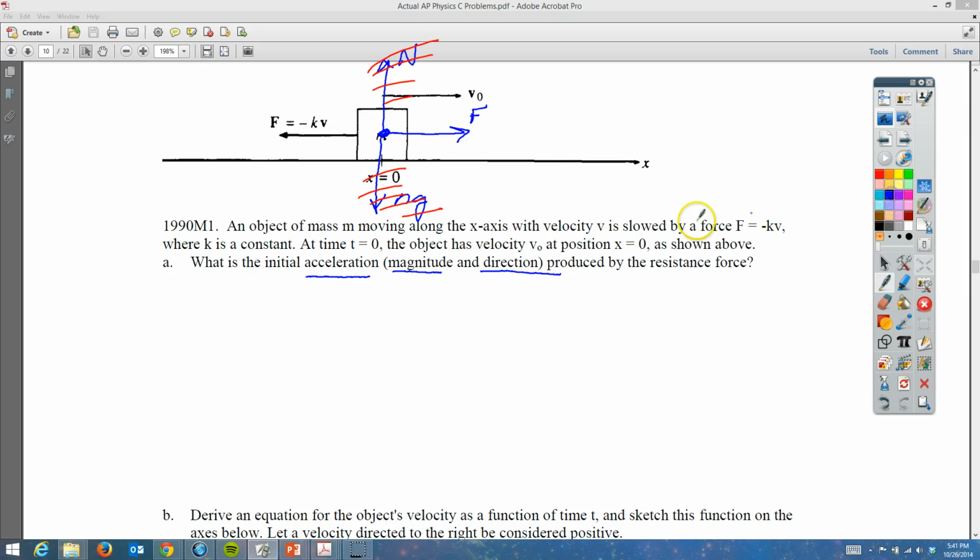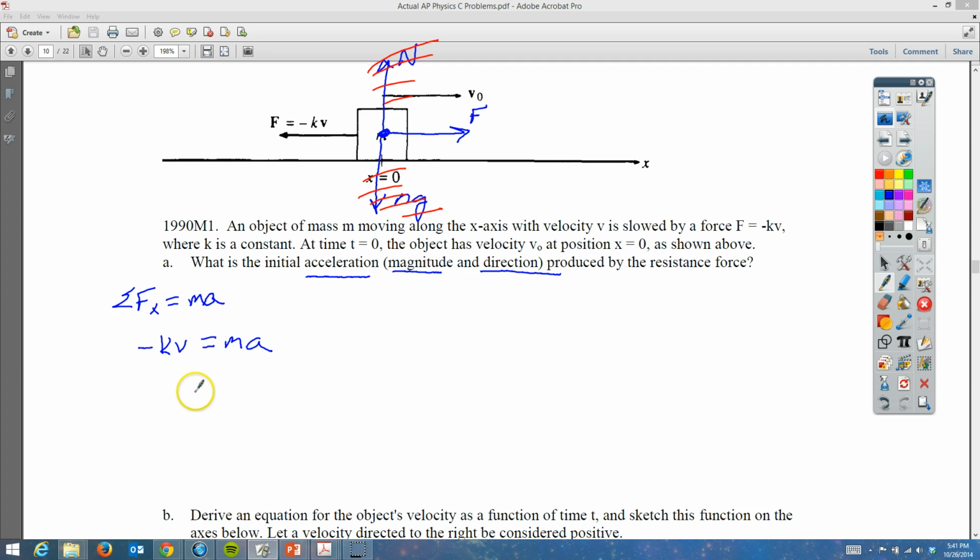To find this initial acceleration, we're going to do the sum of the forces in the x direction, which should be equal to the mass times the acceleration in that x direction. The only thing we have going is the force to the left. So this is negative kv, and that's equal to ma.